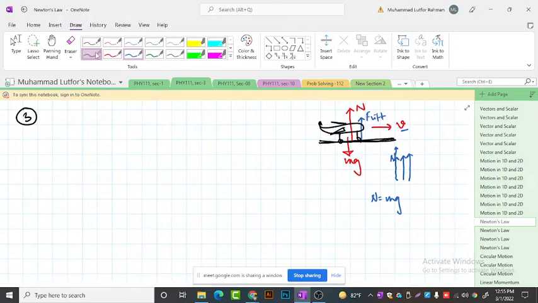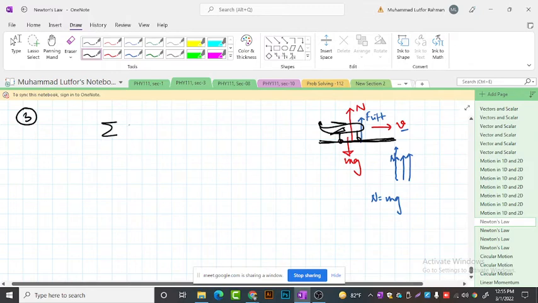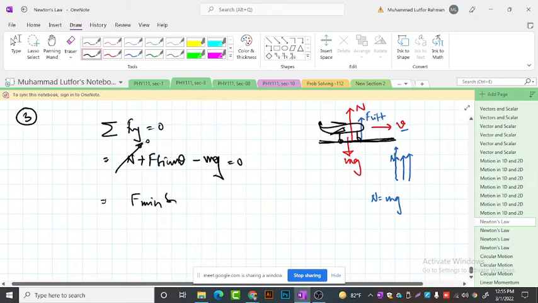So for that, we will write this equation. The sum of forces along y must be equal to 0, and we write N plus F sine theta minus mg equal to 0, in this stationary case. Then if we consider N to be 0, this will be F minimum. F minimum sine theta is equal to mg, right?